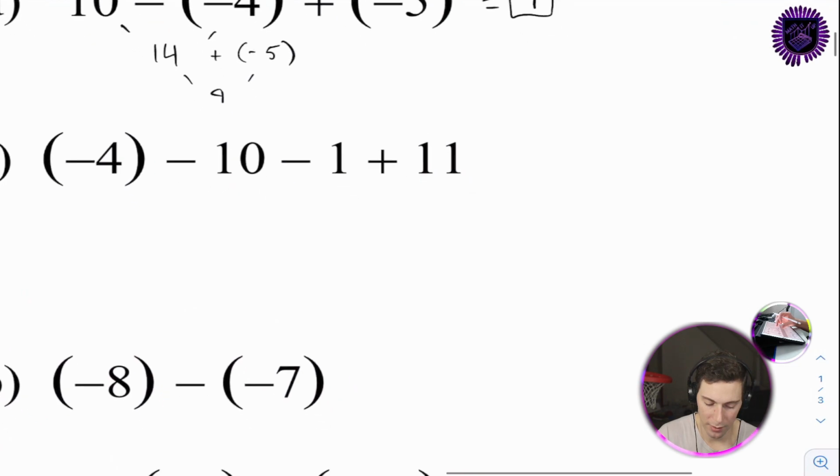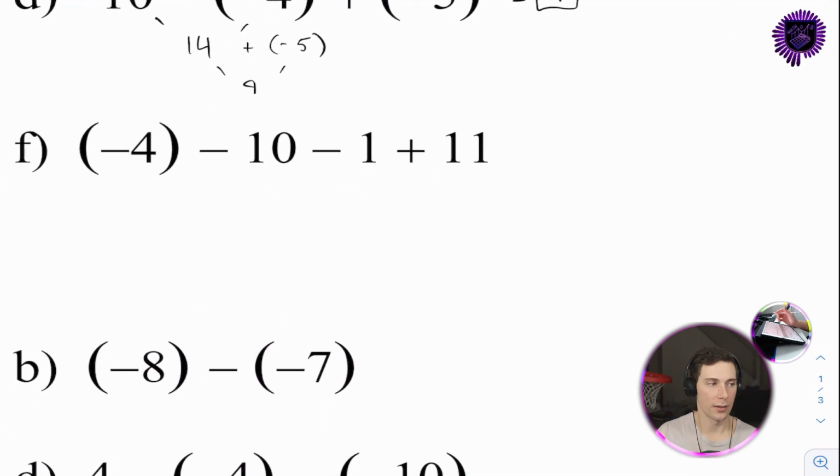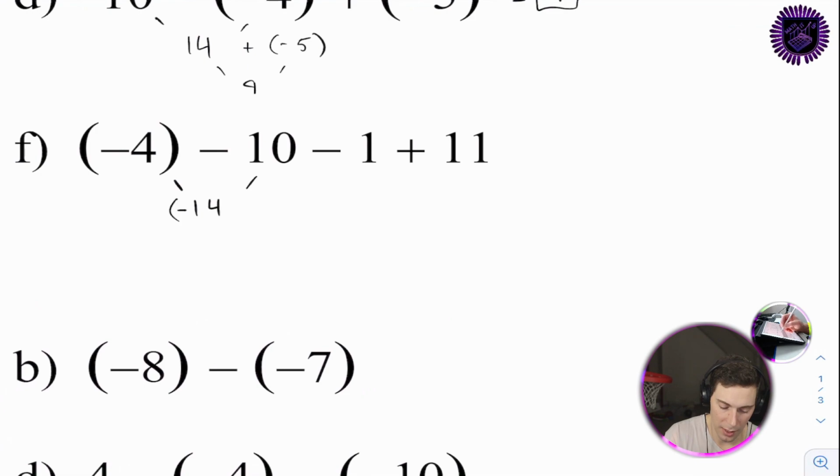1f. So 1f is -4 minus 10. When we're minusing a positive number, we're going to move down the number line, so it's going to be -14. We're going to minus 1 more, minus a +1, so that's going to be -15.